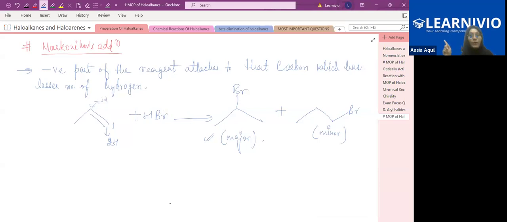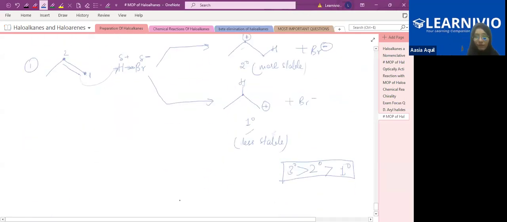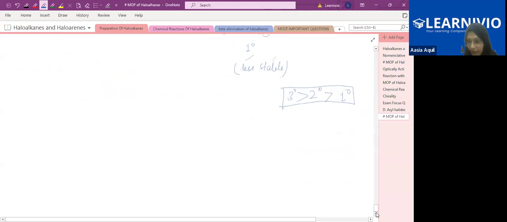But in the anti-Markovnikov addition rule, the negative part of the reagent will attach to that carbon which has more number of hydrogen. That's the difference. You just have to do the exact opposite. So just remember only one rule, and both rules will be clear.